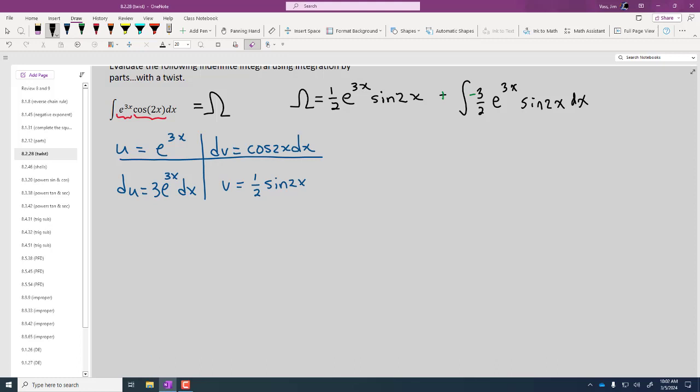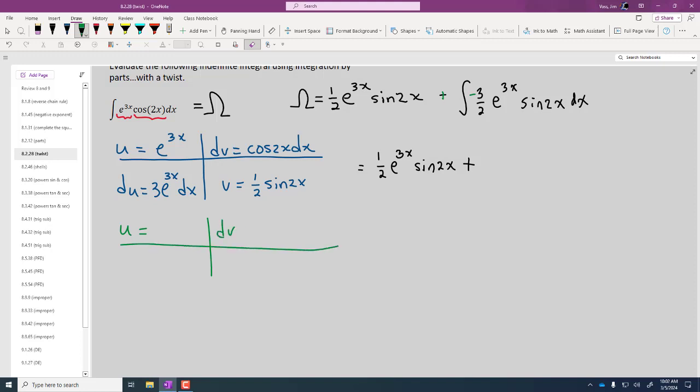So let's go ahead and do that. We end up with this stuff in front, and then we set up our second integration by parts: plus u times v minus the integral of v du. The other thing we want to do is keep our pattern consistent, or we'll just undo what we did.